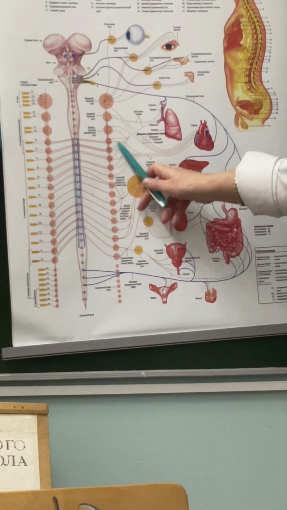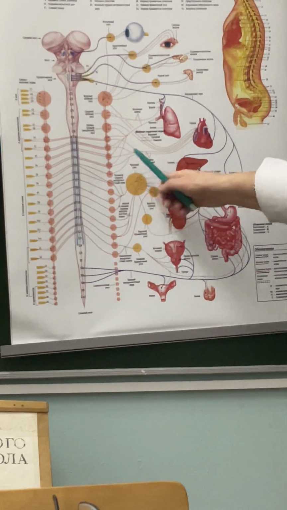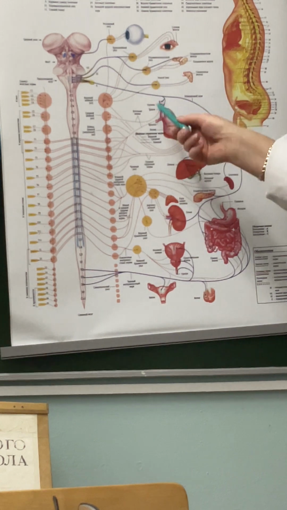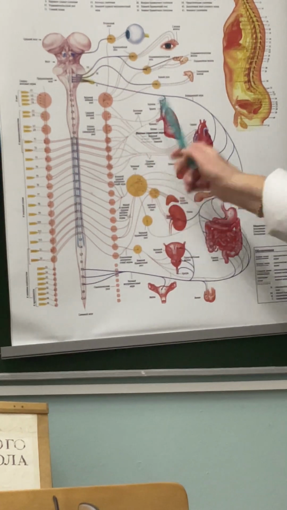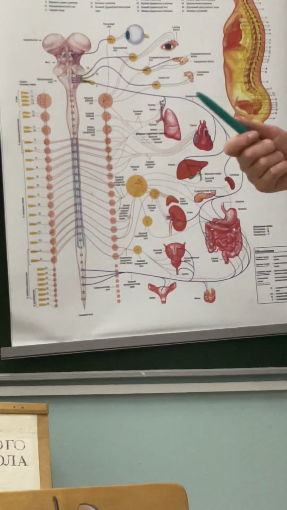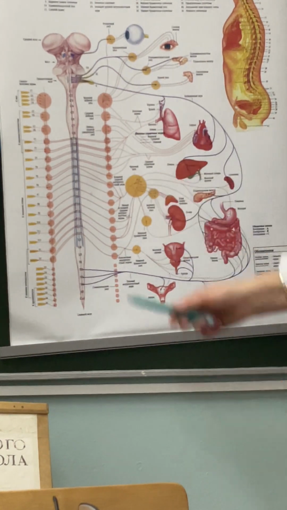So therefore, from the upper 4 thoracic ganglia, we will have pulmonary branches to the pulmonary plexus, thoracic cardiac branches to the cardiac plexus, esophageal branches to the esophageal plexus, thoracic aortic plexus to the aorta, thoracic aorta, like this.